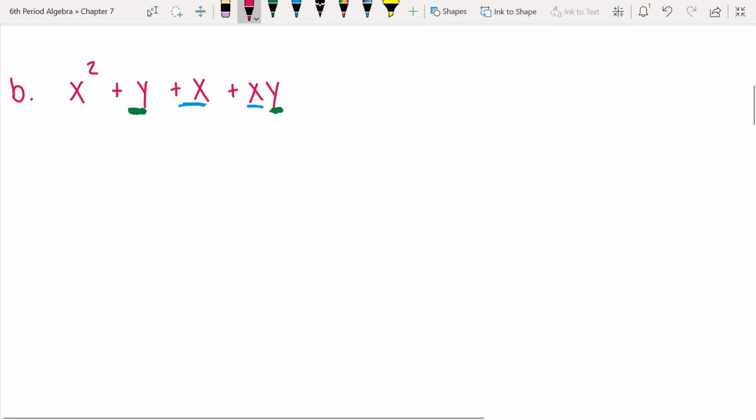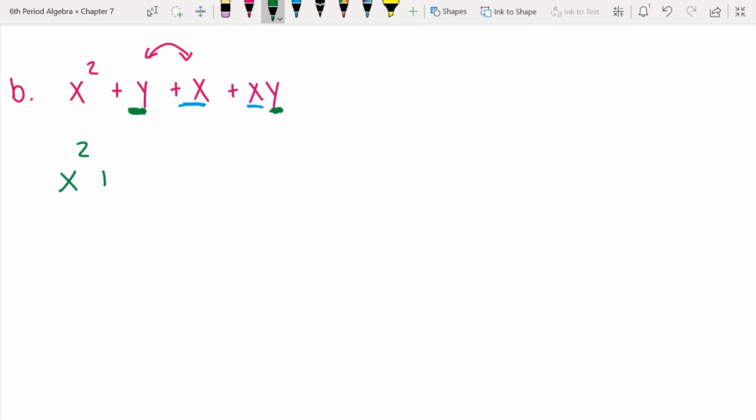So I think it'd be easier just to flip-flop the plus x and the plus y. And I can do that because they're positive and it just means we're adding, and addition has a commutative property. That means you can add numbers in whatever order you want and you still get the same answer. So I'm going to rewrite this.